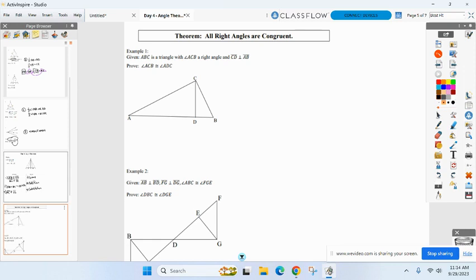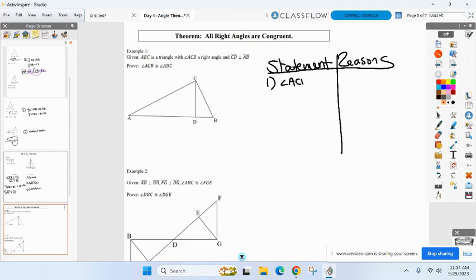So go ahead, read through the givens in example one, mark your diagram with whatever markings you think you need, and then do statement one with the givens. We should have a few markings on our diagram now.